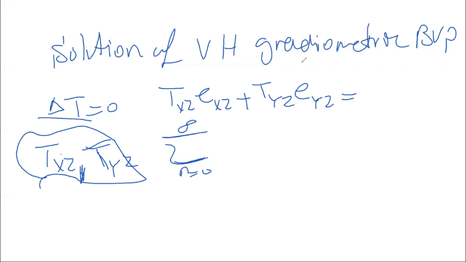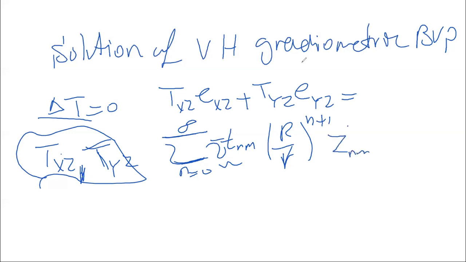I will write T_nm, R over R to the power n, or summation over m. And here I have Z_nm of the second type, the vector or tensor spherical harmonics of the second type actually.